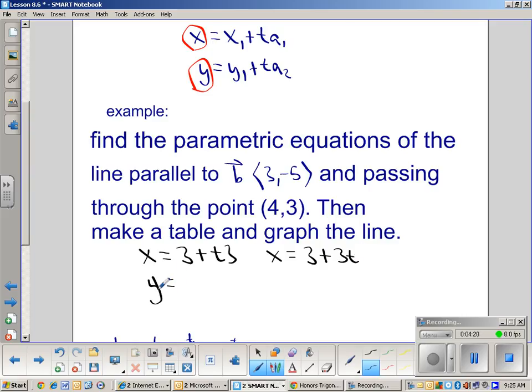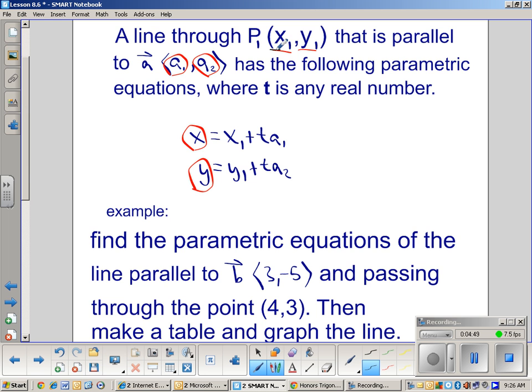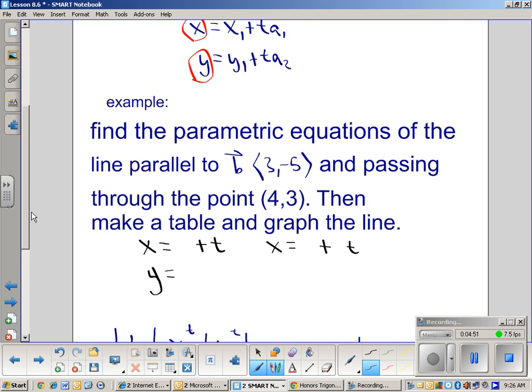-5 plus 4. Oh, I'm sorry. Wait, yeah, the 3. No, I listened to you, but I shouldn't have. What's the X value? X1. So 3. What's X? X1 was the point. So what's X1? 4 plus T times A1, which is 3.